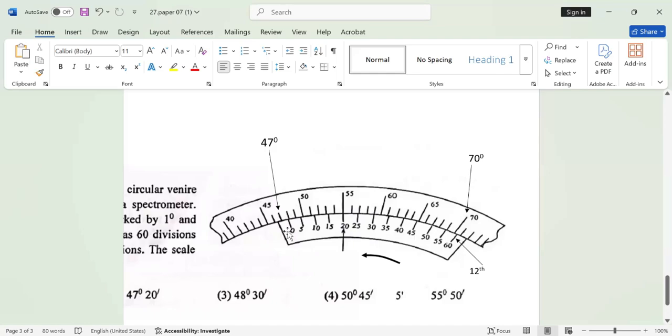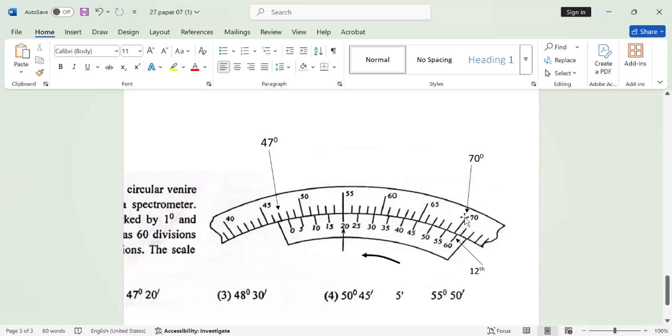Then you can observe that when this 0 vernier division coincides with the 47th main scale division, this 12th vernier division will coincide with this 70 degree division.